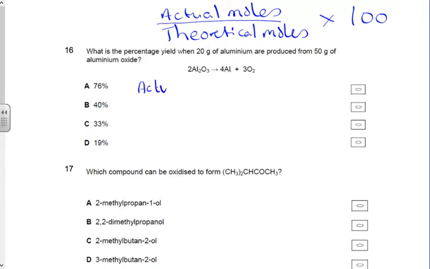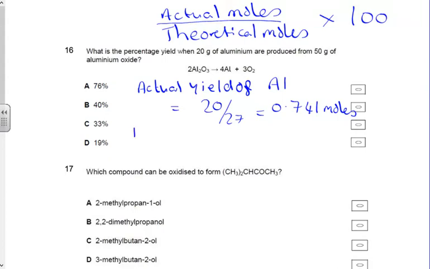The actual yield of aluminium is 20 divided by 27, which is 0.741 moles.